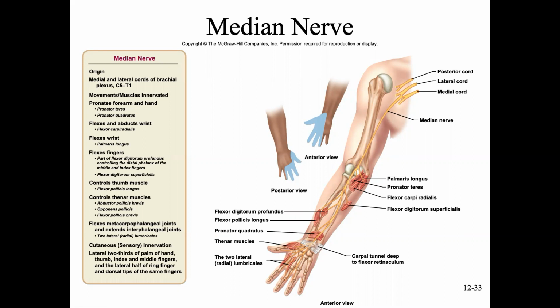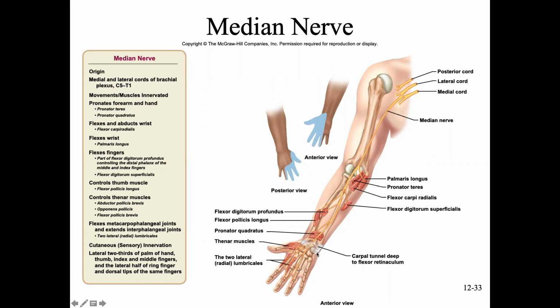Next big one, right? We've all heard of people that have carpal tunnel. The carpal tunnel is formed by your carpal bones, your pisiform and your trapezium on each side right here. It forms a little tunnel underneath it, and then the median nerve goes right in between that tunnel.